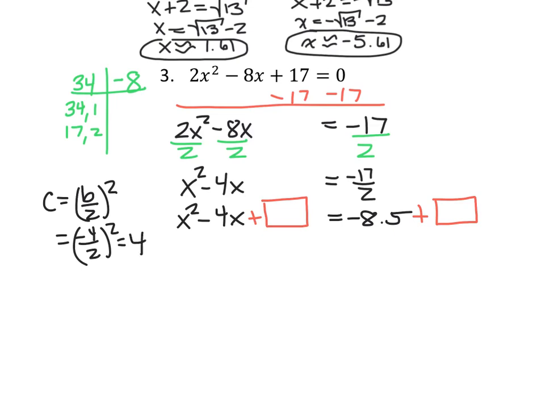So on the left, I'm going to add +4 to create a perfect square. And if I do that on the left, I'm going to need to do that on the right. And so on the left-hand side, we have x minus 2 times x minus 2. That's going to give us that perfect square. That's the same thing as x minus 2 squared. And on the right, we have -4.5.